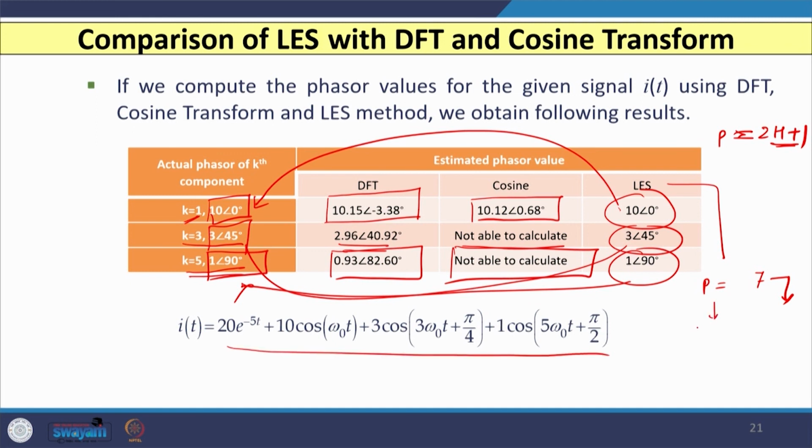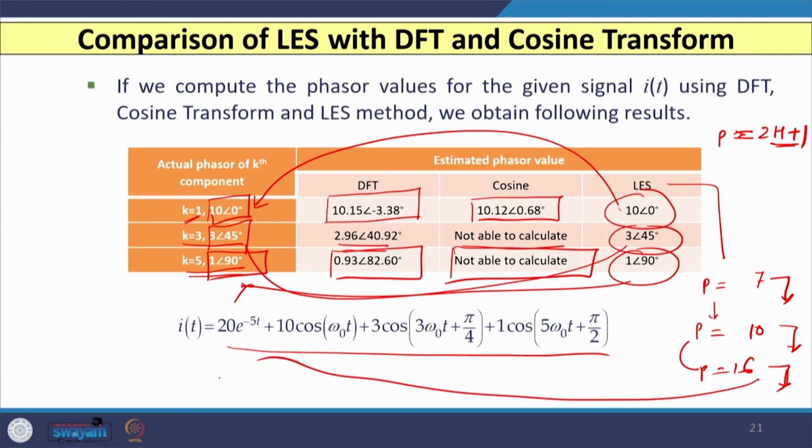Then we increased the value of p, considering 10, and we saw that the accuracy of the phasor values improved compared to p equal to 7, and finally we considered p equal to 16, and in that case we observed that the phasor values of all the terms we obtain are almost equal to the original actual values.